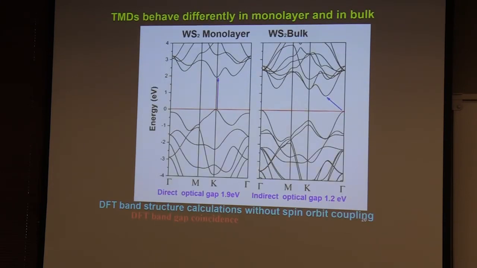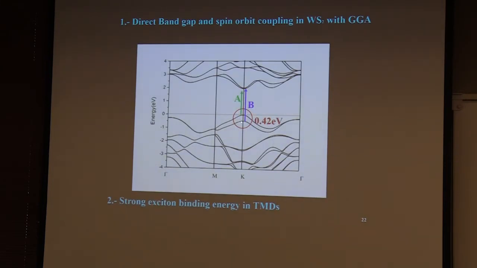Here, I have to mention that since molybdenum and tungsten are very heavy, very big atoms, you have what is called spin-orbit coupling. That means that the spin of the electron couples with its movement, its trajectory. And when that happens, you have a splitting in some points of the Brillouin zone.